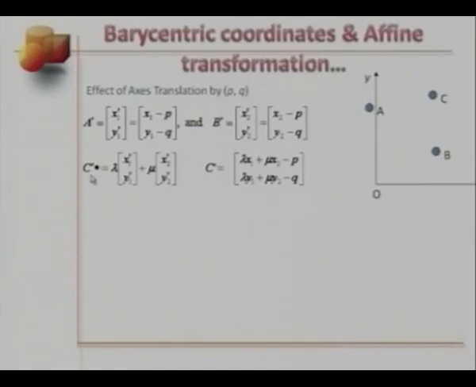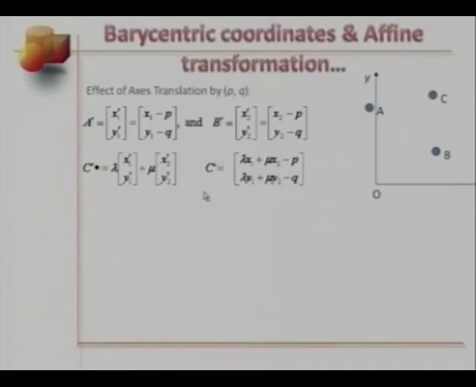If we maintain the same linear combination, we'll have C prime star equals lambda times A prime plus mu times B prime, while C prime will be given by lambda times x1 plus mu times x2 minus p. This is the x coordinate, and the y coordinate will be lambda times y1 plus mu times y2 minus q.